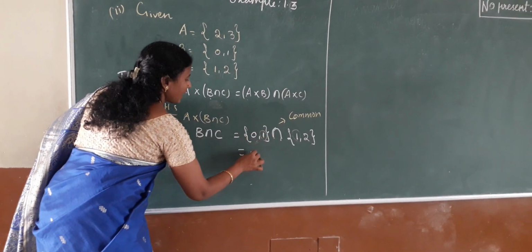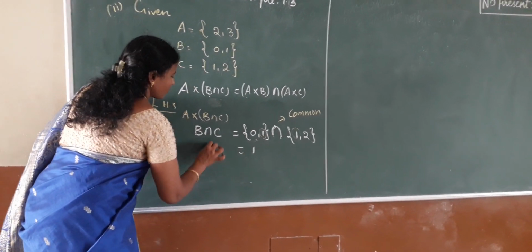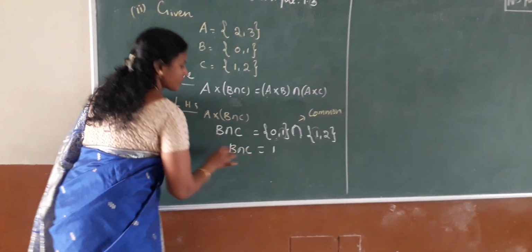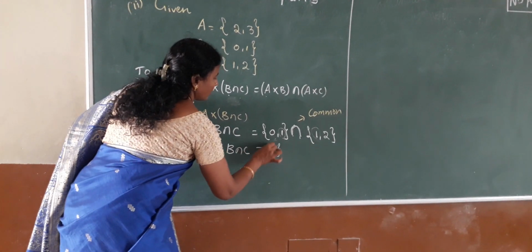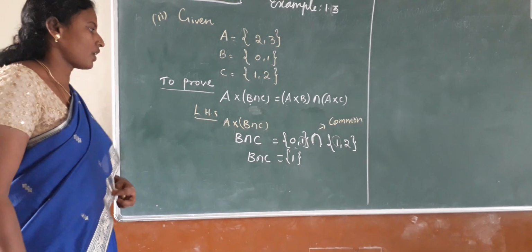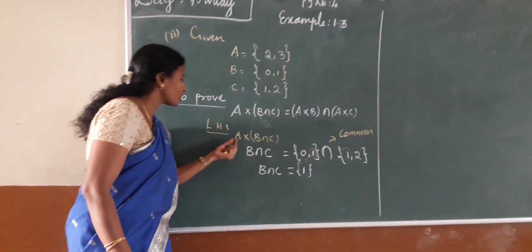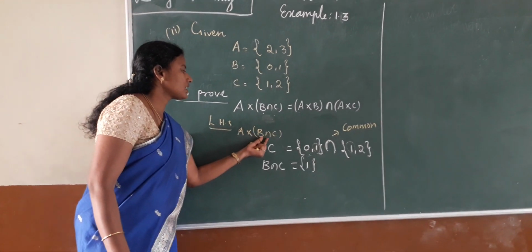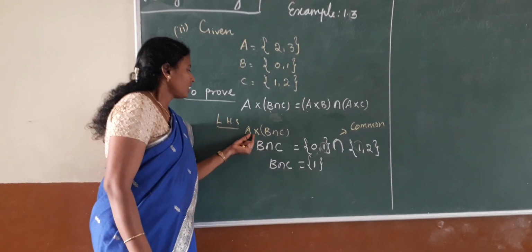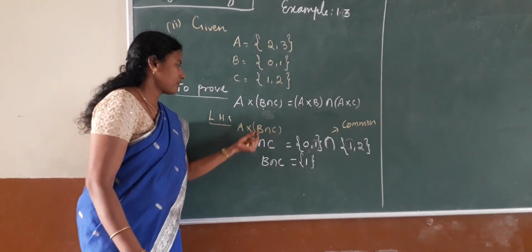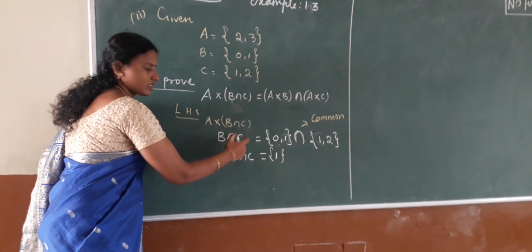So you have to write 1. So finally B ∩ C = {1}. And then which one did we prove? A × (B ∩ C). First we proved B ∩ C.